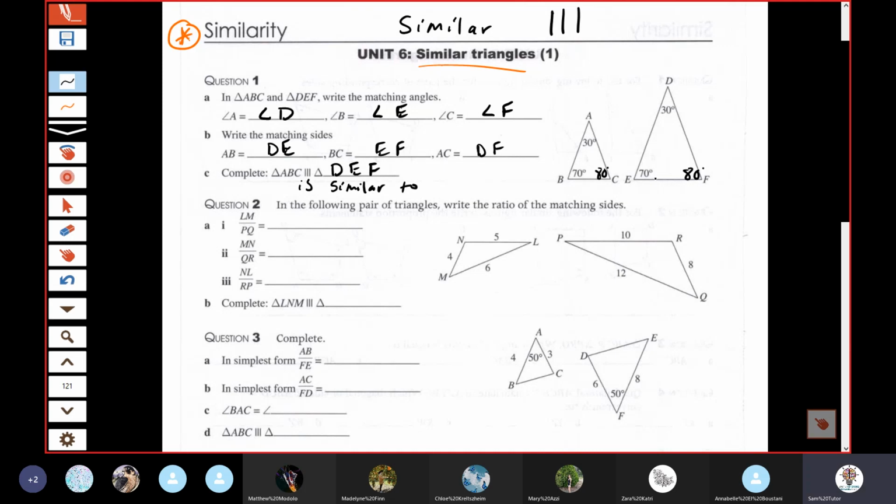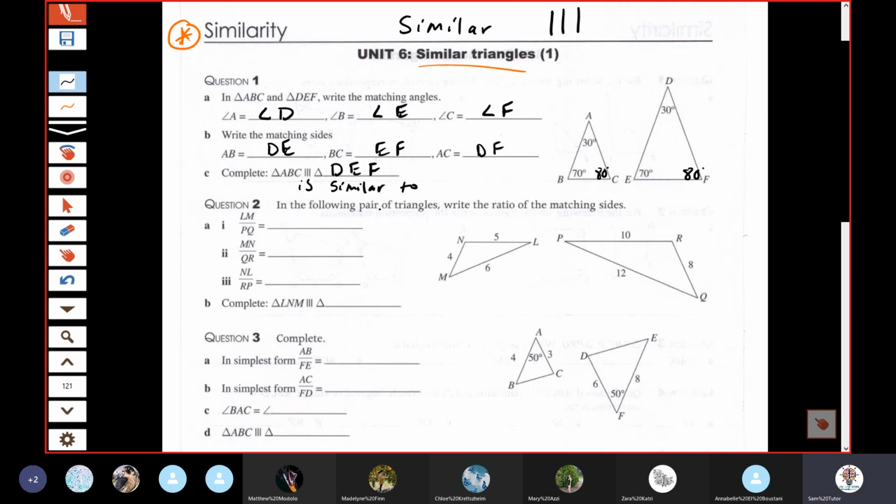Any questions there? Yusuf, all good with that? Trinity, any questions there? Oh, all good.